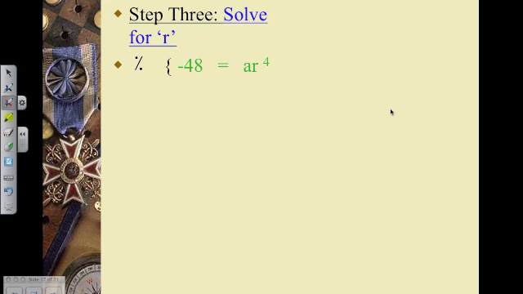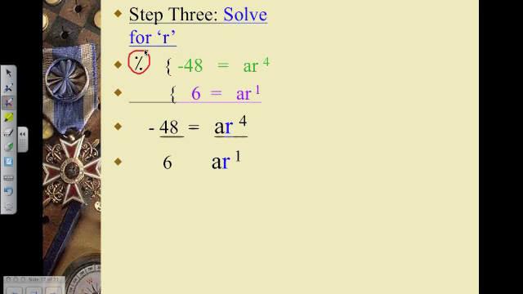So I have my second equation and my first equation, and I am going to divide. So very important here, we always divide the equations in order to eliminate. So I know that negative 48 divided by 6 is equal to a times r to the power of 4 divided by r to the power of 1.